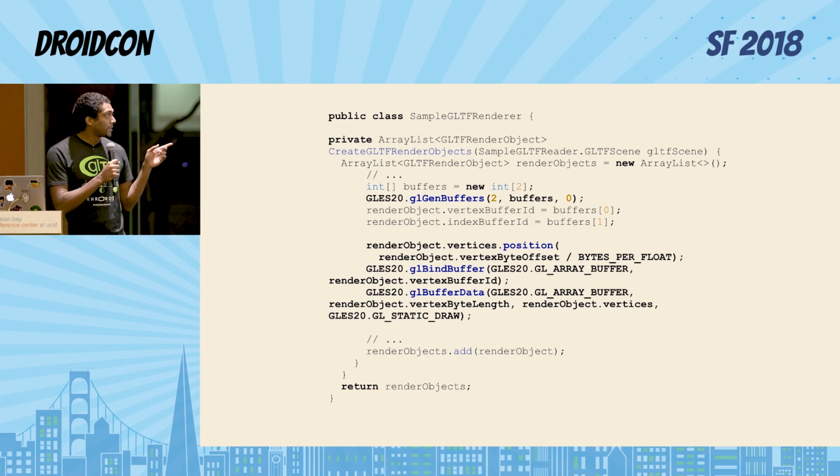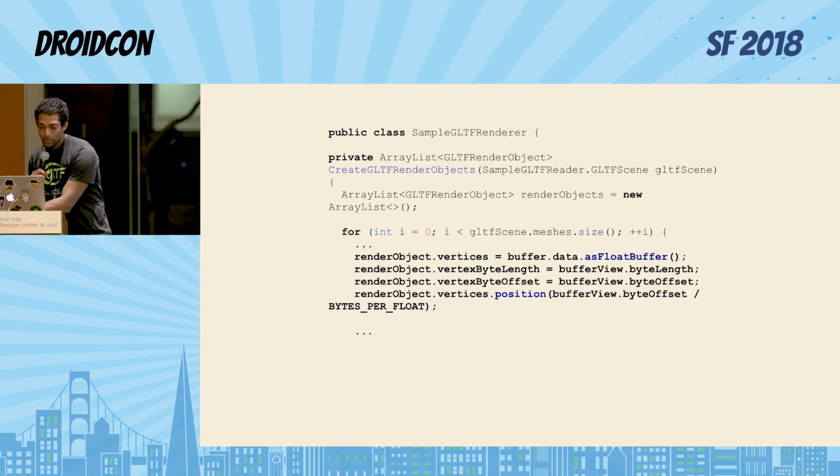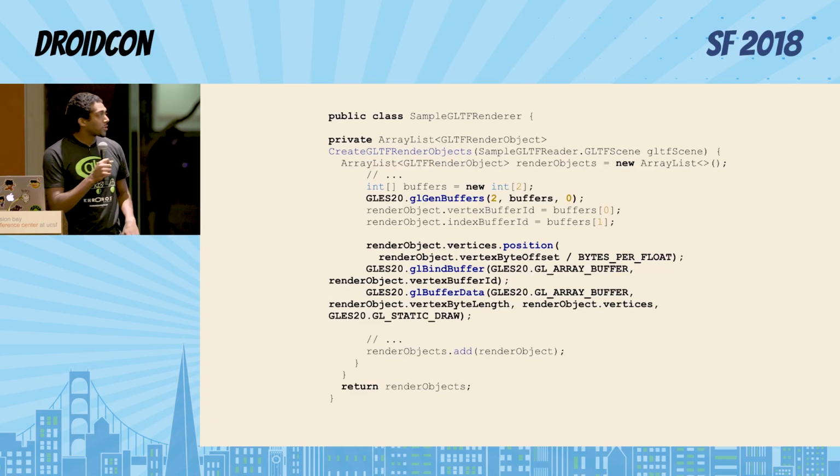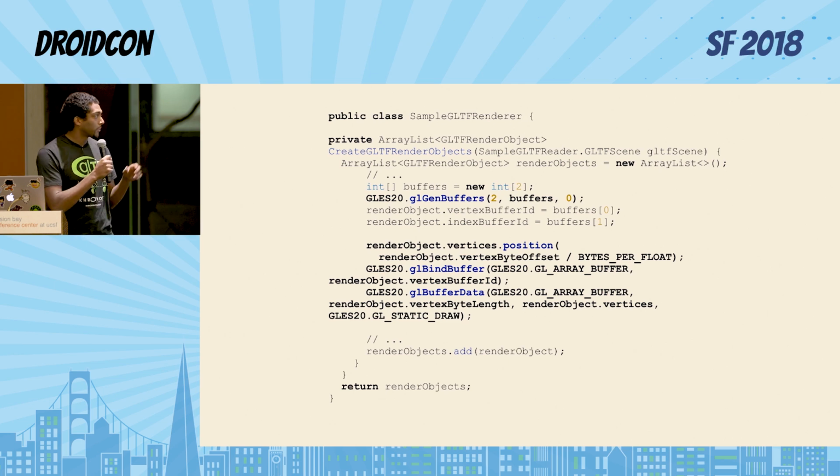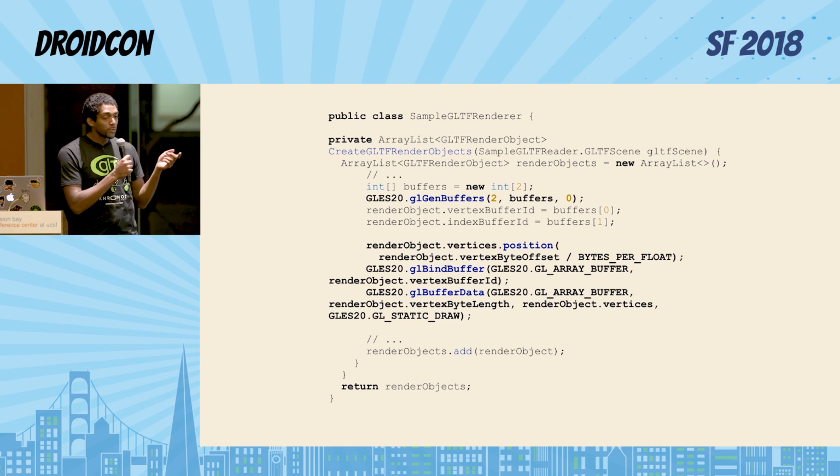So, actually, sorry, this is the way that you actually upload the data to the GPU. Now that we have the vertex data in memory, here in our float buffer abstraction, we need to upload it to the GPU. So this is the API that we use with OpenGLES to upload the data from system memory to GPU memory. The key thing here is first we have to generate the buffers. That's what we do with glGenBuffers.